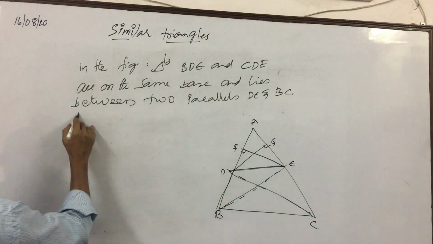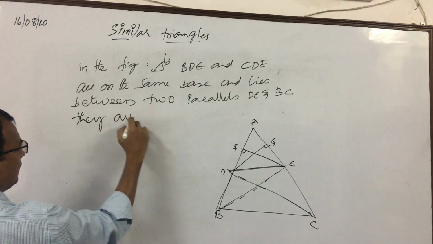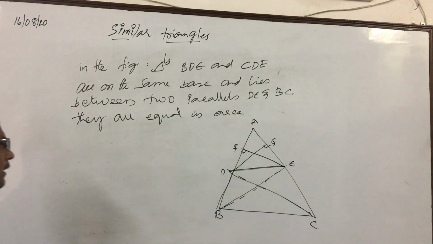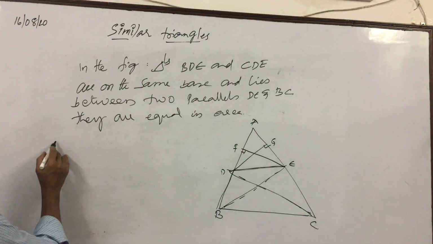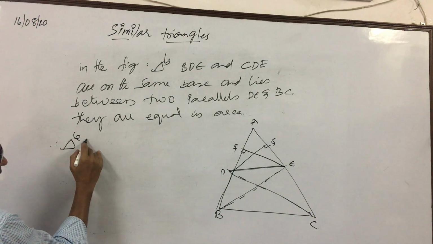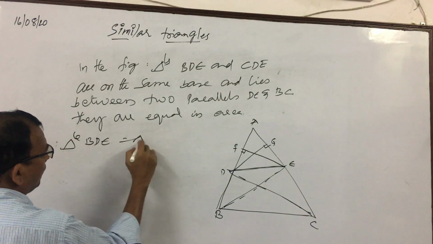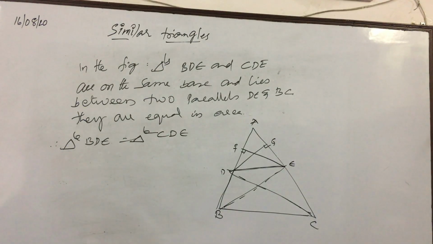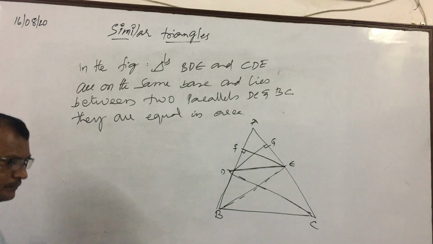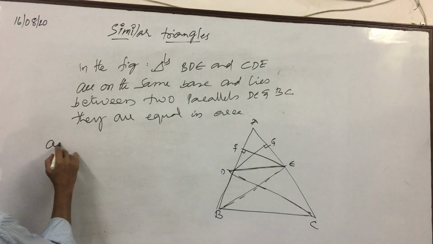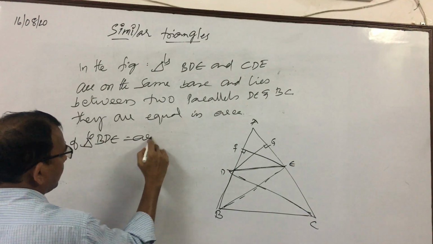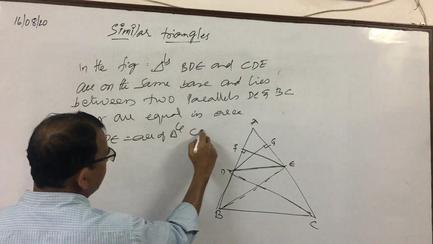They are equal in area. So therefore, I can say that area of triangle BDE is equal to area of triangle CDE.